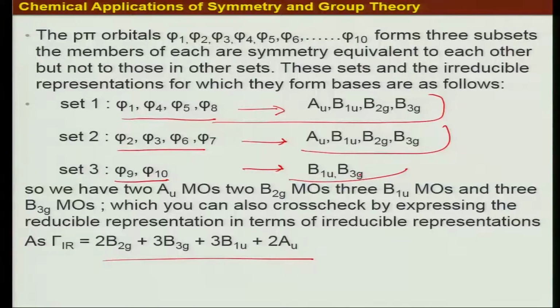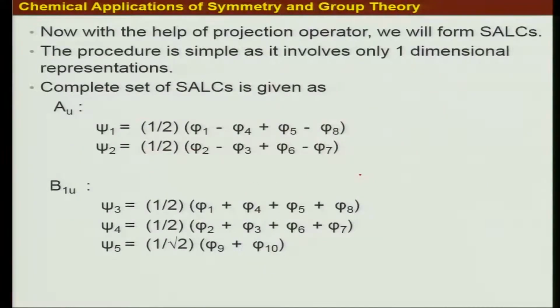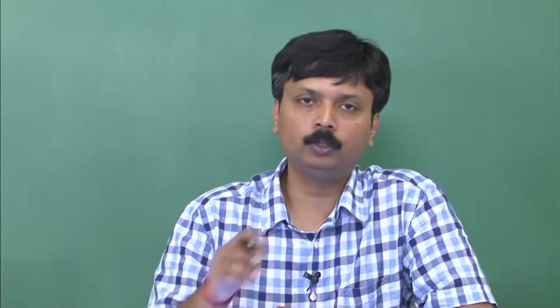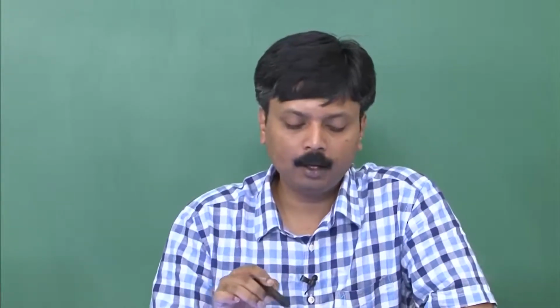So next we have to find the SALCs corresponding to each one of these irreducible representations: AU, B1U, B2G and B3G. We have learned how to get those. All of these irreducible representations were found by reducing the representations formed out of those 3 basis sets.